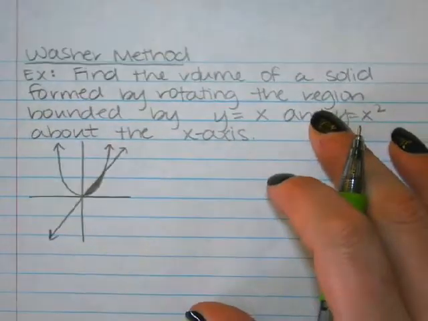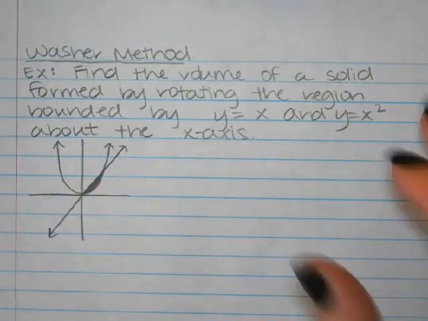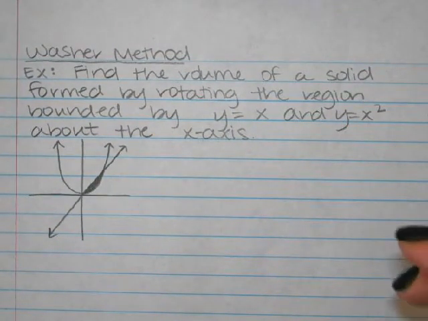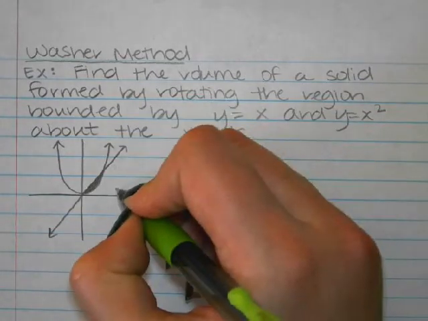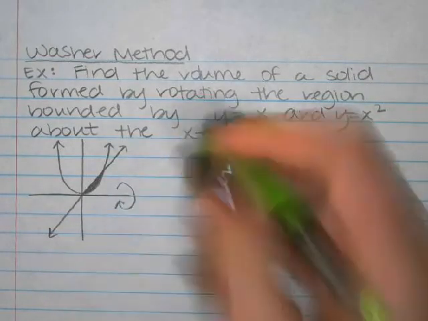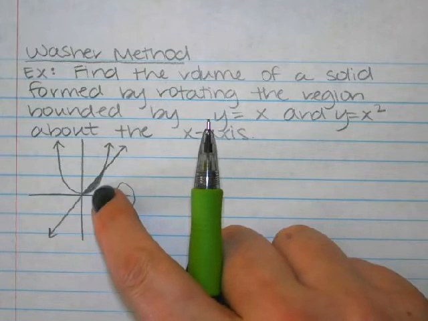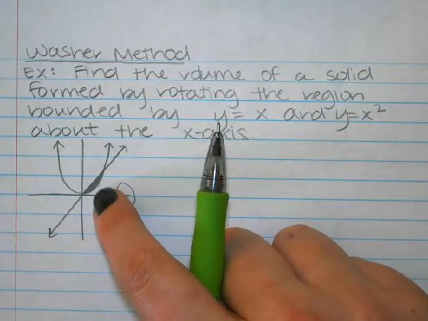So the big difference between the disc method and the washer method is that with the disc method, the curve itself is up against the axis that you're revolving it around. The whole shape was up against that. This time, the shape is not. We're revolving it around the x-axis, but you can see that the shape has some white space. Does that make sense? There's some space in between.